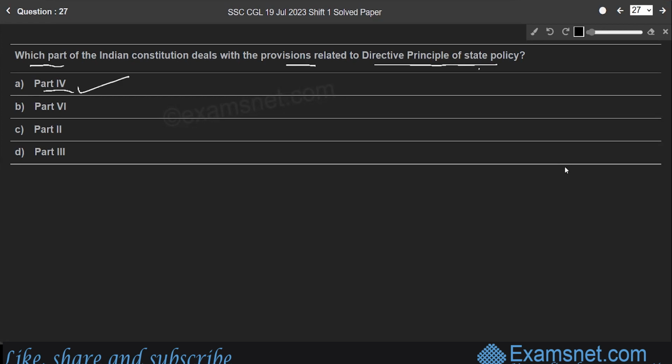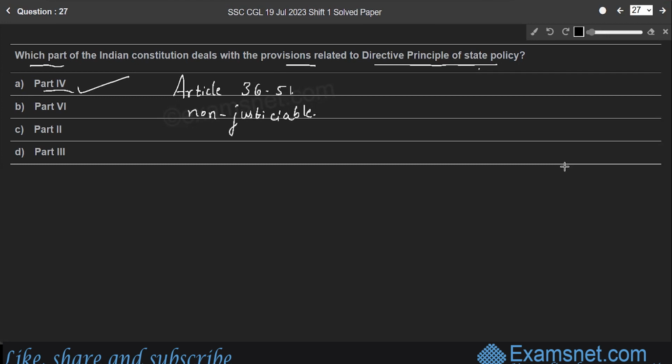Articles 36 to 51 mention the directive principles of state policy. They are non-justiciable, that is non-enforceable in the court of law.